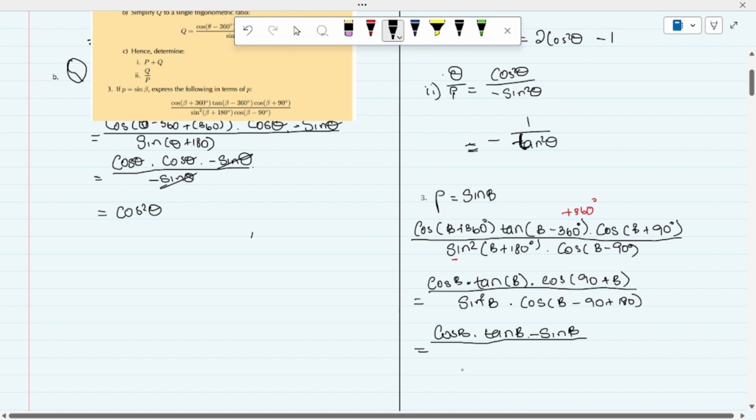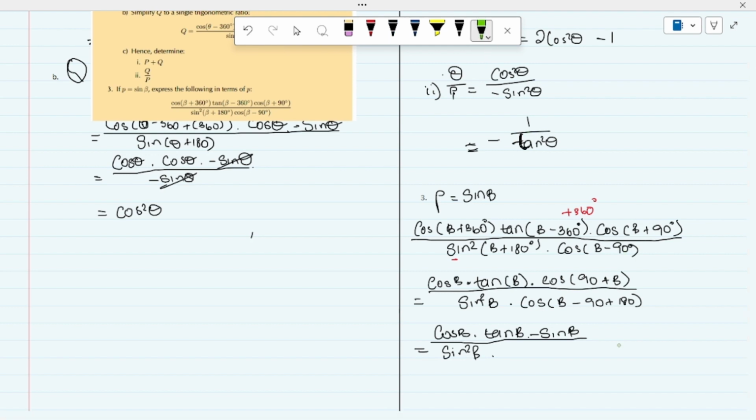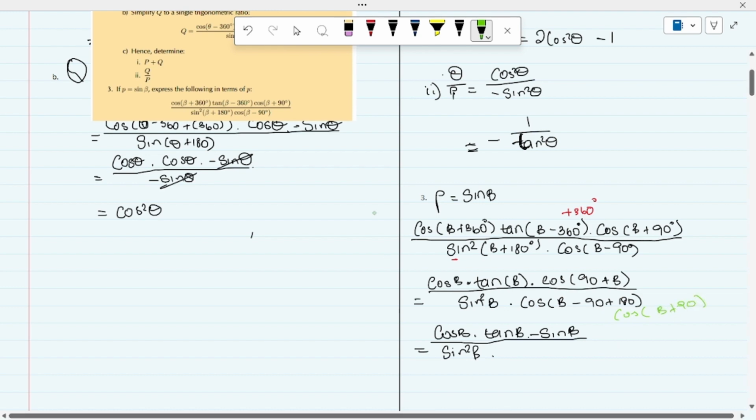And here for this one, it's going to be beta minus 90 plus 180. So you're going to be left with cos of beta plus 90, which is minus sine again, which is going to be minus sine beta.